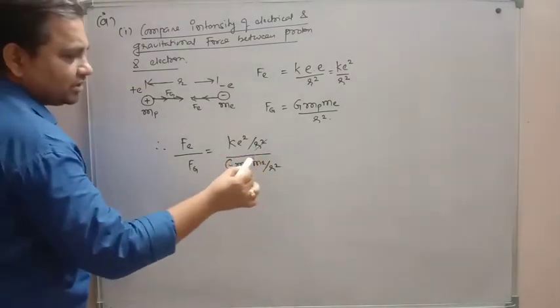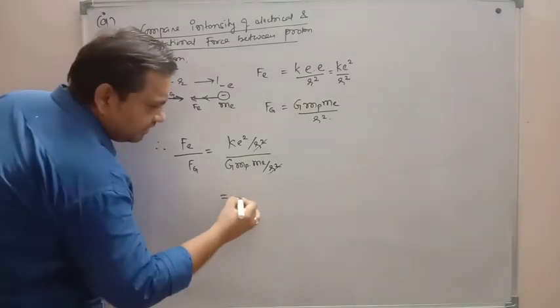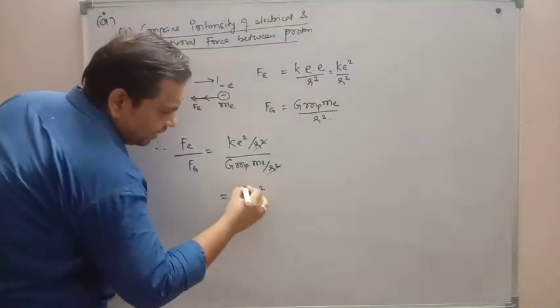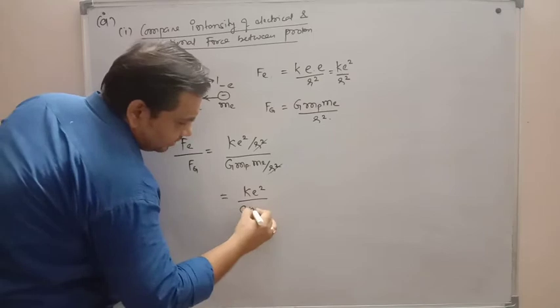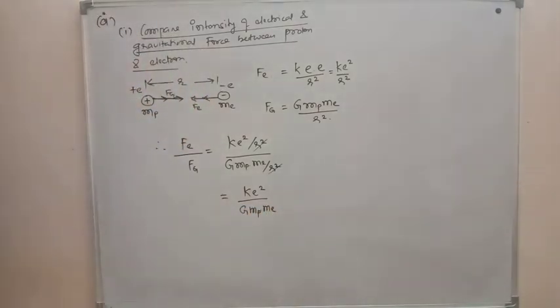In both cases this r square will get cancelled, so what remains is Ke square divided by G mp into me. Now I will put the values into this equation.